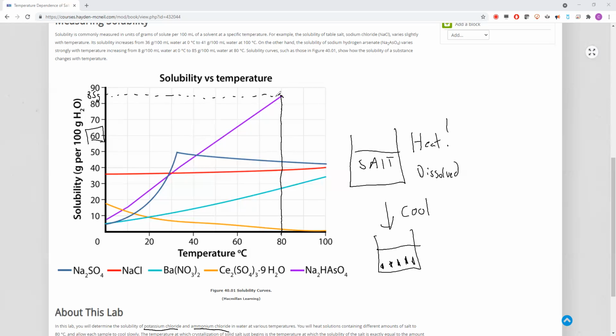And so what we would do in this experiment is cool the water down, until we see our first crystals. And for this purple line, the solubility of 60 is right here, which is about, let's say, 54 degrees.